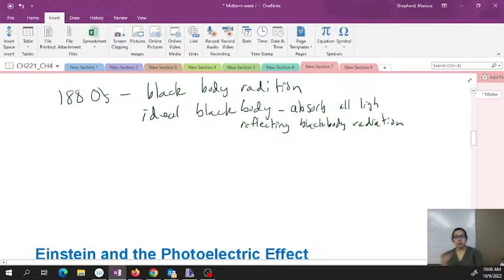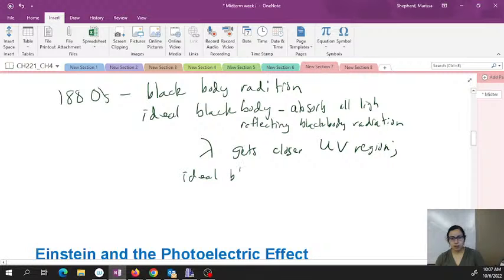Except there was a problem with this at the time because they were observing this through a classical perspective. And so in their theory with this ideal black body, they found that mathematically, as the wavelength gets closer to the ultraviolet region, the ideal black body would emit unbounded energy.